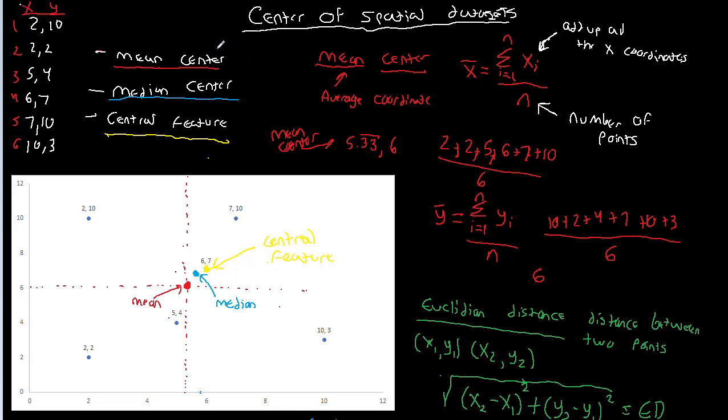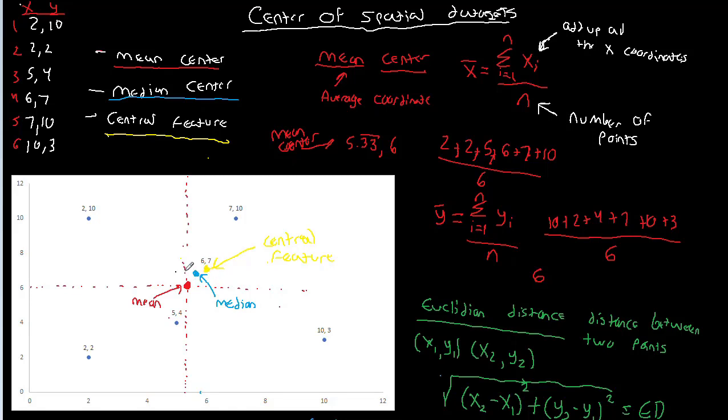Median versus mean is a little bit complicated because they both try to get at the same thing. The key thing with median is that it gives you the most accessible location. Just like central feature, median is finding a location, but a new one.